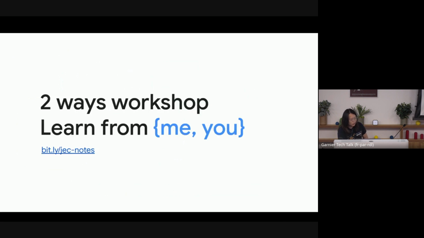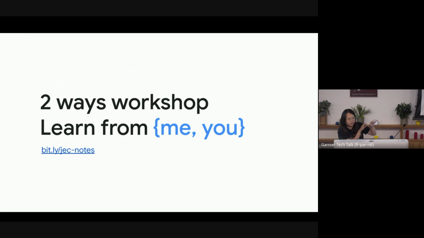Okay. So this workshop is a two-way thing. Of course I will share some knowledge with you, but I want to learn from you as well, because the features that I'm going to talk about are still in active development. So your feedback will be directly taken to improve the product. What you can do here is copy down this link, bit.ly/jack-notes. Keep it open.